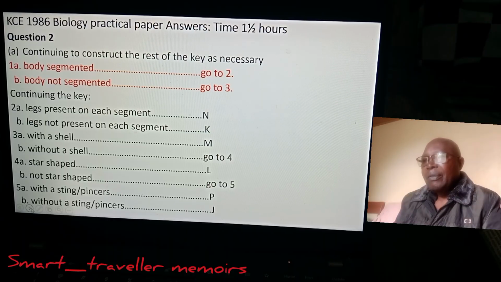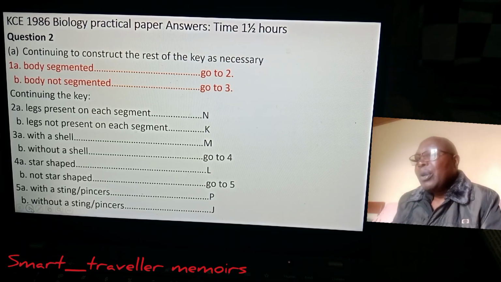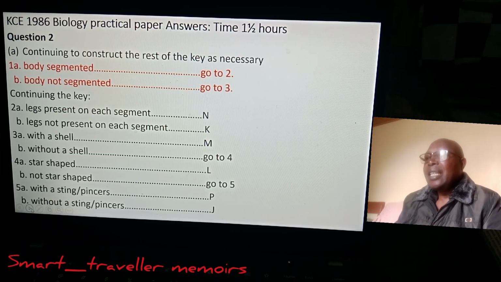And 5A, with sting or pincers, P is identified. Without a sting or pincers, J is identified. And you end up your dichotomous key.